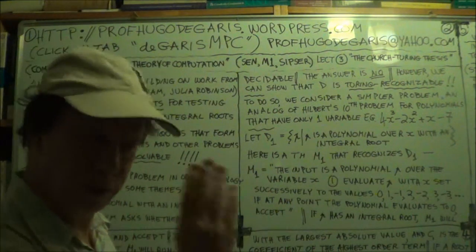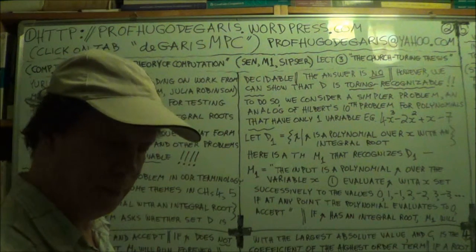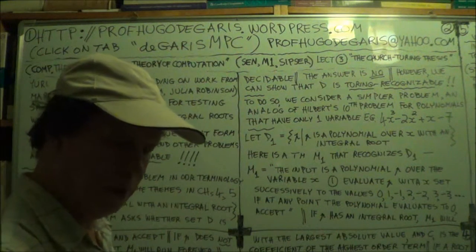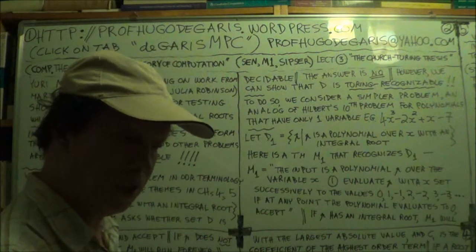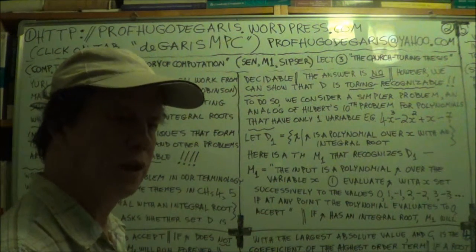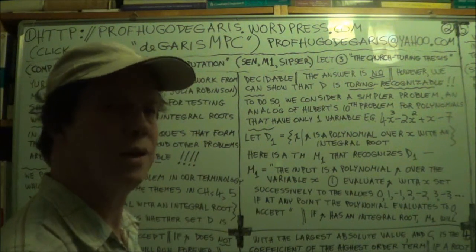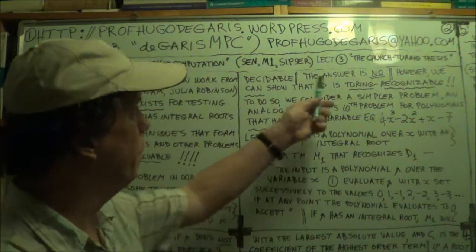Right? Decidable means yes or no. This language D, all its strings can be detected, and all the strings not in that set can be rejected. Is there such a Turing machine that can do that? Is there such a decider, like a Turing machine decider for that language? The answer is no. Right?